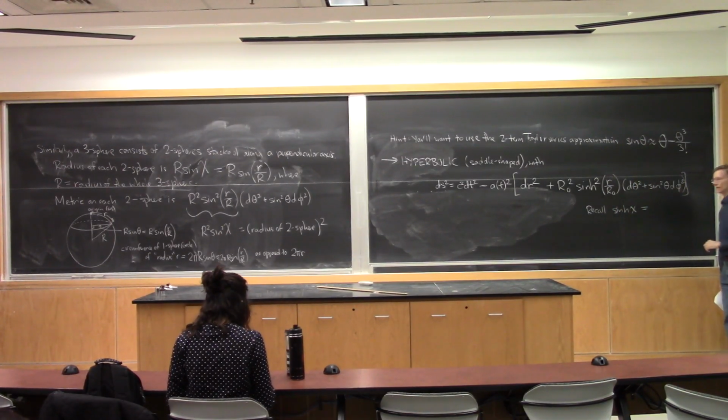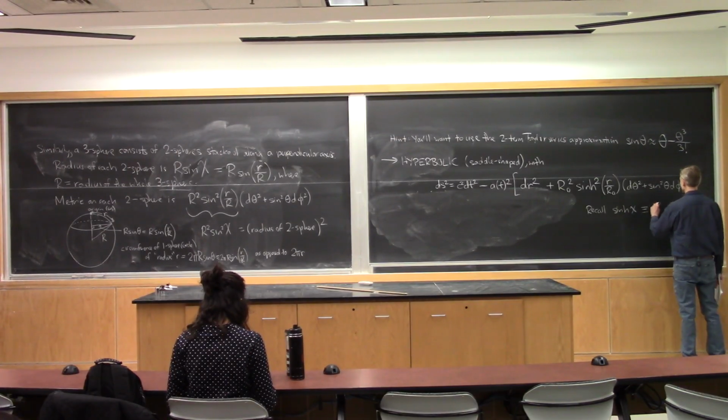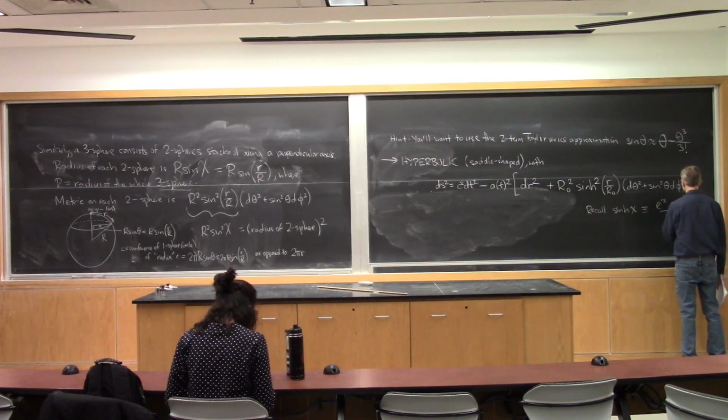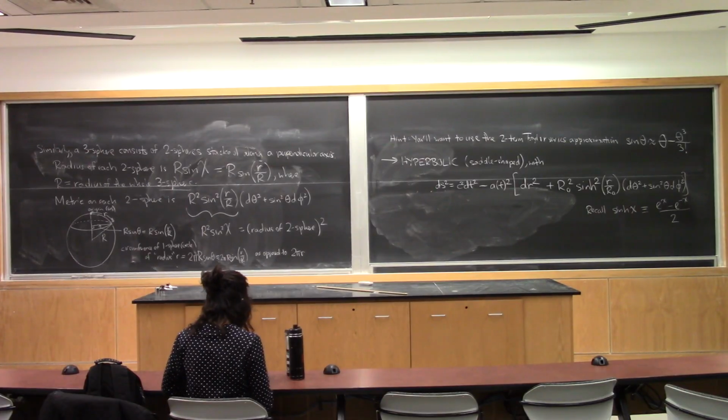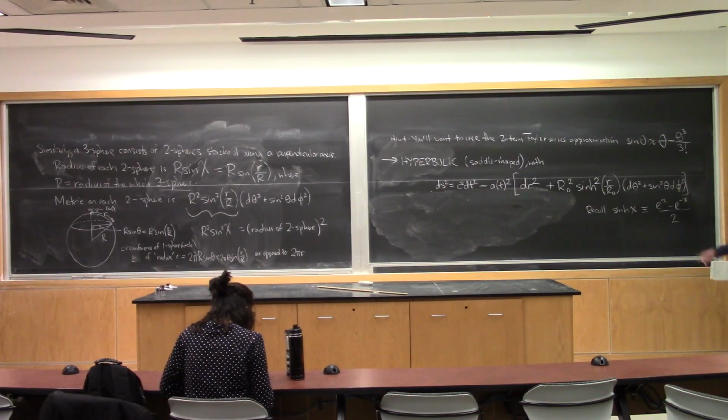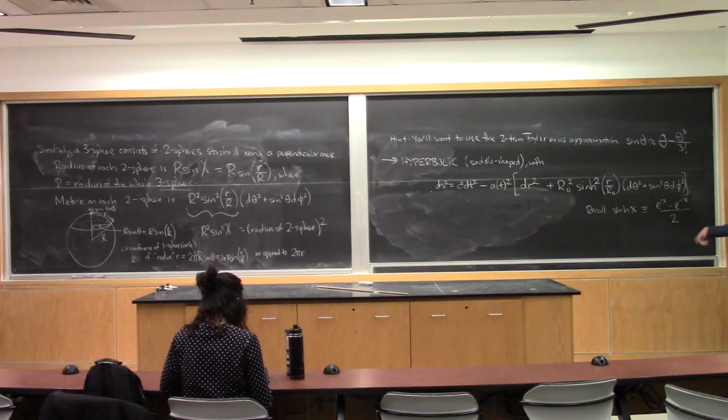Anybody remember what's the definition of sinh x? Isn't it like e to the x minus e to the negative x over 2? Yeah, sinh x by definition is e to the x minus e to the minus x over 2. Which is similar to sine x, which is e to the ix minus e to the minus ix over 2i.